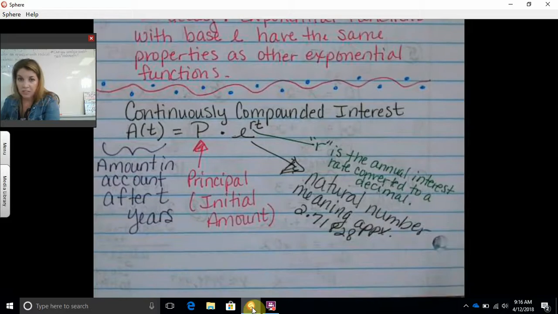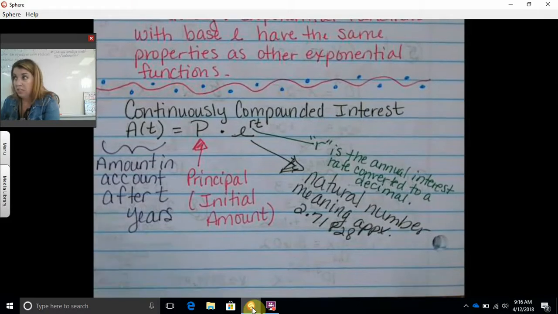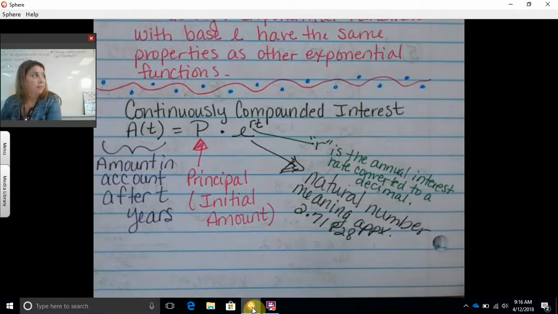So in the last equation that we did, we had 1 plus r or 1 minus r. Now r is in the exponent, because this is calculated differently than it was before. And t is the time in years.